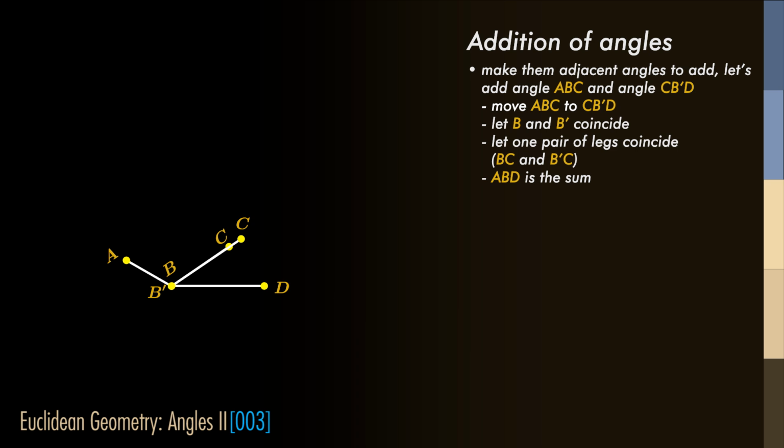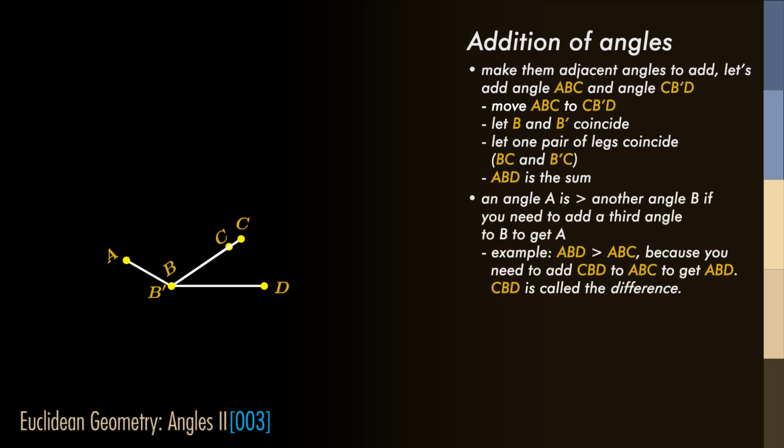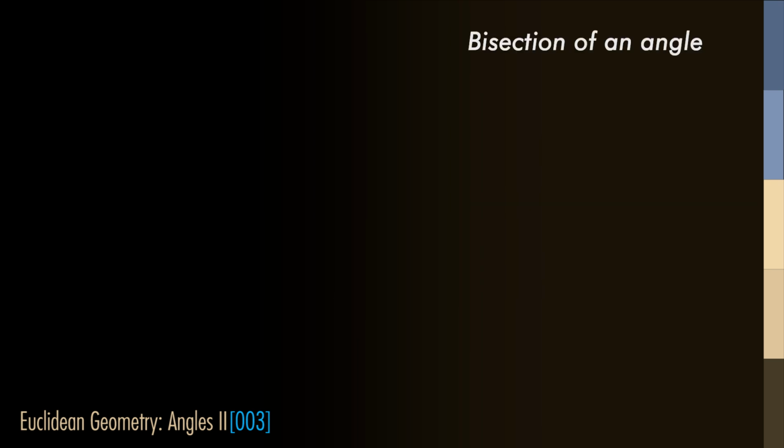Lastly, we say that an angle ABD is bigger than ABC if the first one is equal to the sum of this angle and another angle. That other angle, in this example, CBD, is the difference. We can, of course, also multiply angles by an integer, and we can also divide angles.